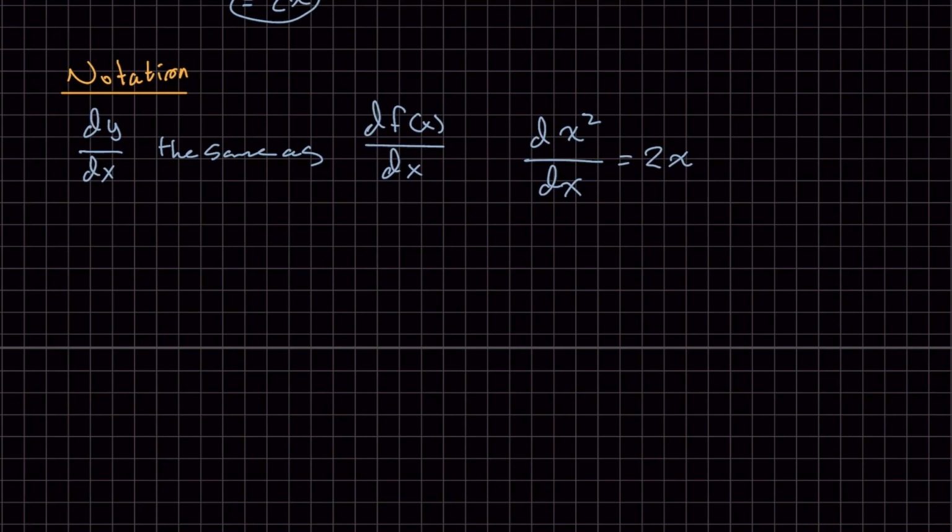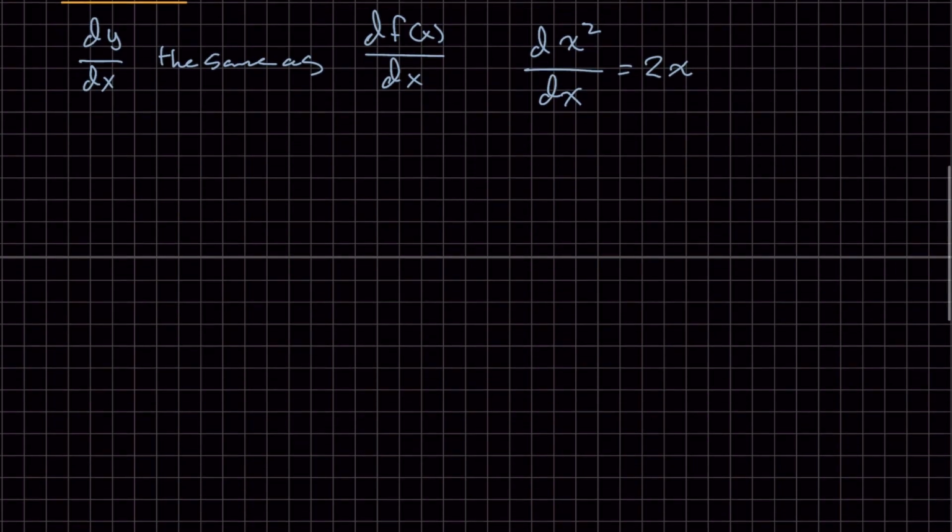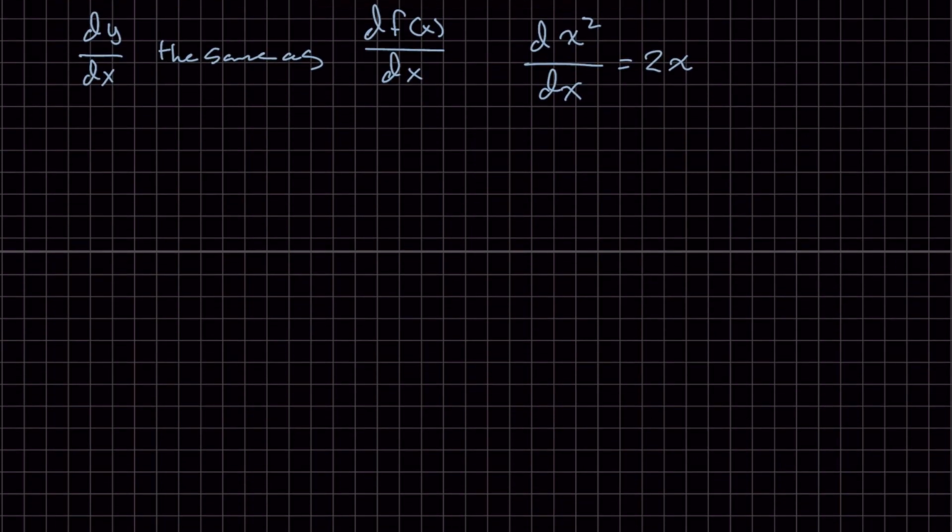Let's go over Newton's notation now. Newton's notation is not commonly used. It's used sometimes in physics and differential equations because it's a lot less complicated. It is just y dot, or f of x dot. You see how it's weird looking, it's strange looking.